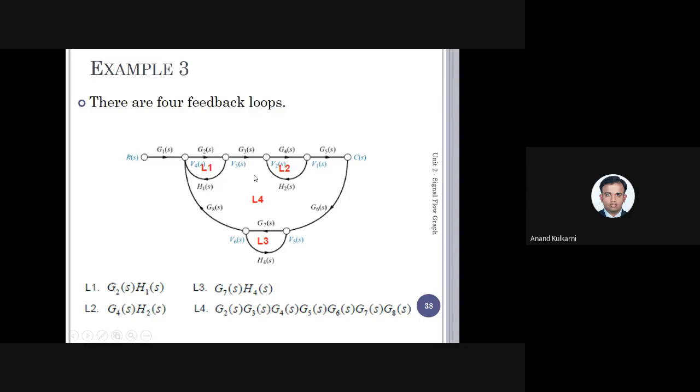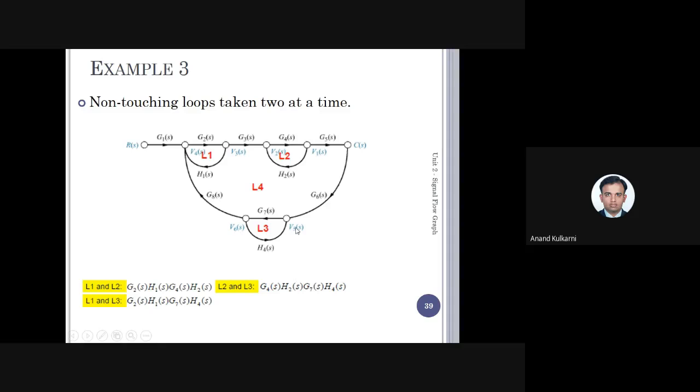So there are 3 non-touching loop pairs: L1, L2, then L1, L3, and L2, L3. These are the 3 pairs of 2 non-touching loops taken 2 at a time.